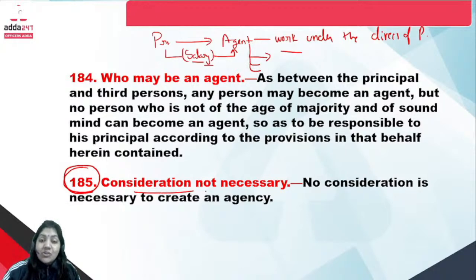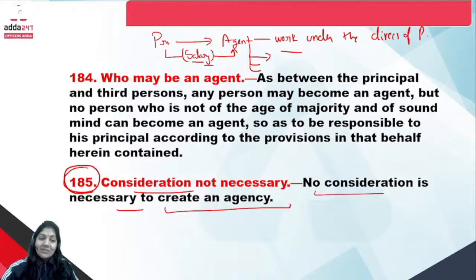No consideration is necessary to create an agency, because agency means the relationship between the agent and the principal. There is no need to give consideration for the act of the agent, because the agent is acting under the salary given by the principal.